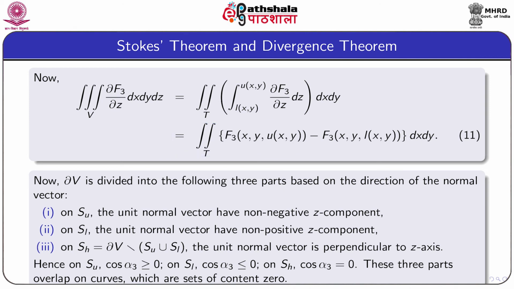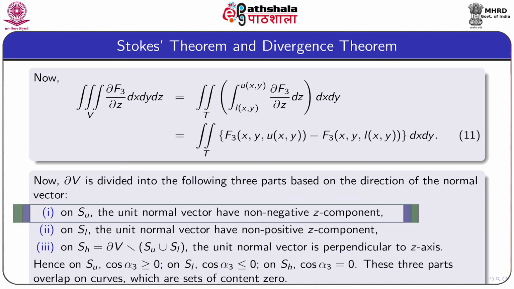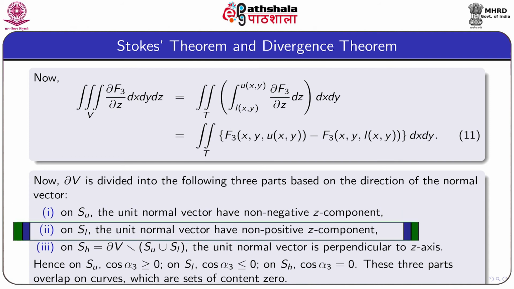Now, ∂V is divided into the following three parts based on the direction of the normal vector. First, on S_U, the unit normal vector has non-negative z component. Secondly, on S_L, the unit normal vector has non-positive z component.